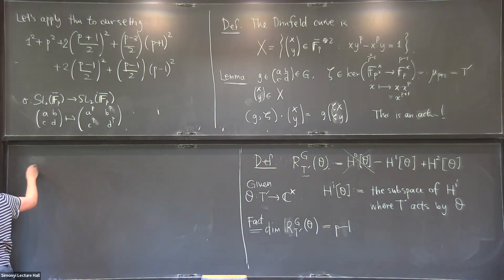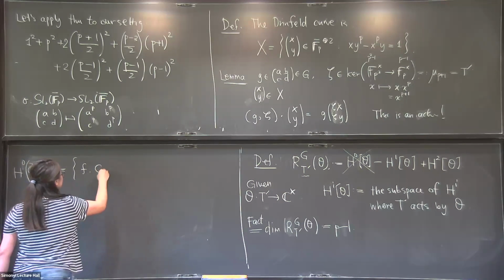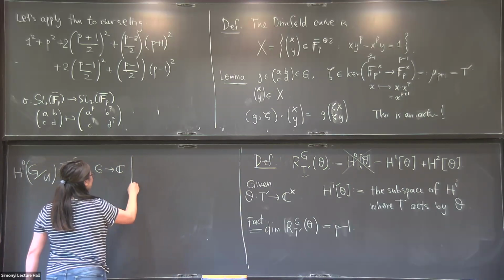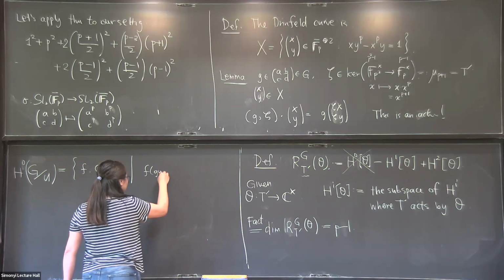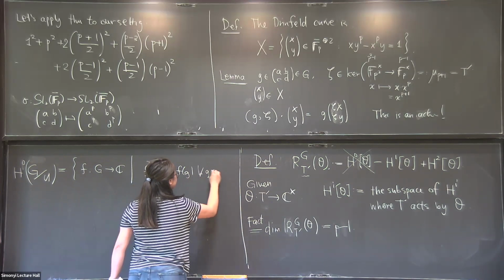If you take H^i of this, it's going to vanish for everything other than i equals 0. And at i equals 0, this is all functions from G to C, where f(gu) is equal to f(g) for all g in G and u in U.